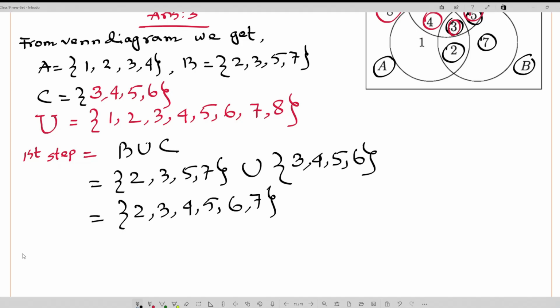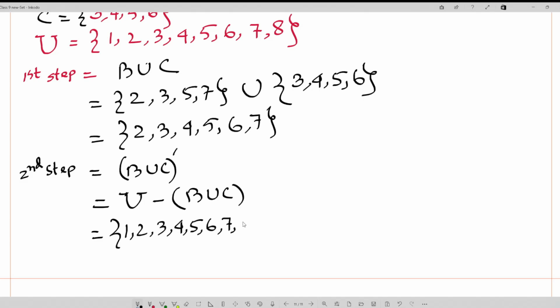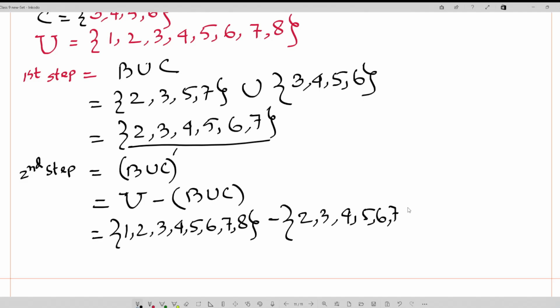Step 2, the second step, which is the complement set of B union C. This one we can write as the universal set difference B union C. The universal set is 1, 2, 3, 4, 5, 6, 7, 8. B union C is this one, 2, 3, 4, 5, 6, 7.